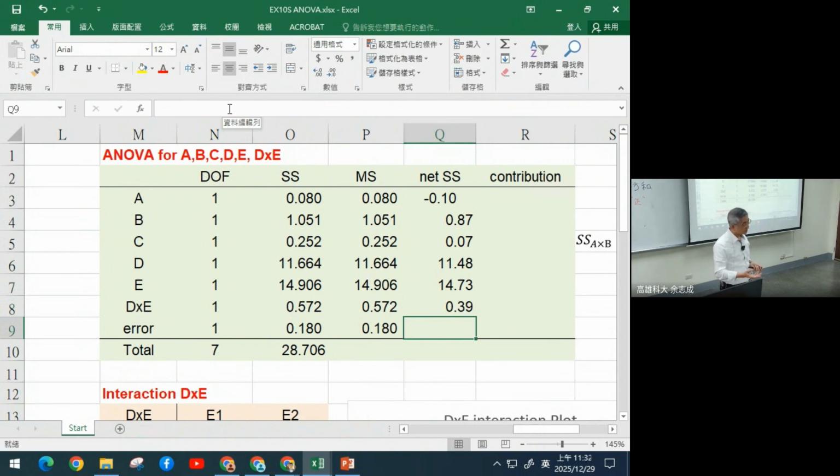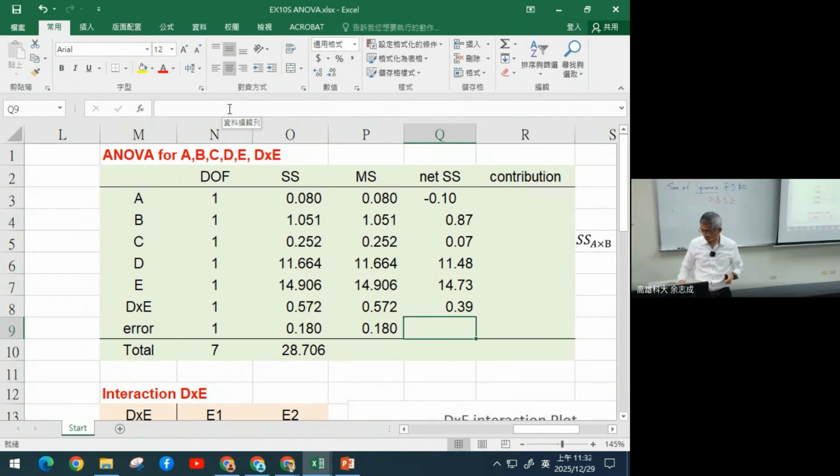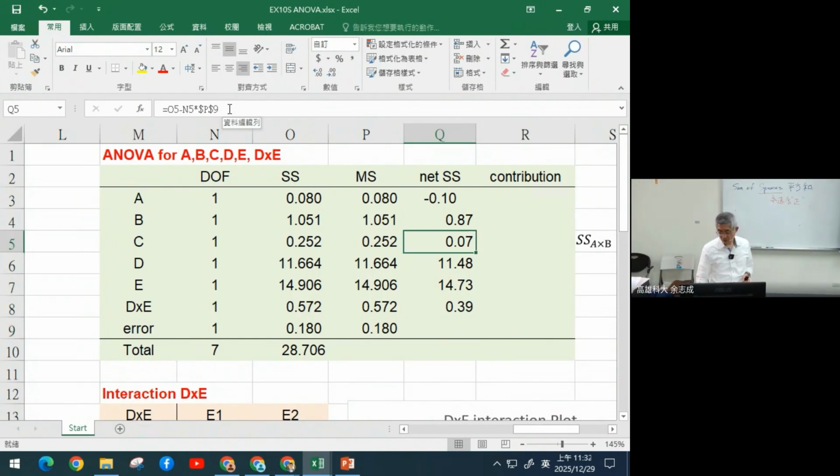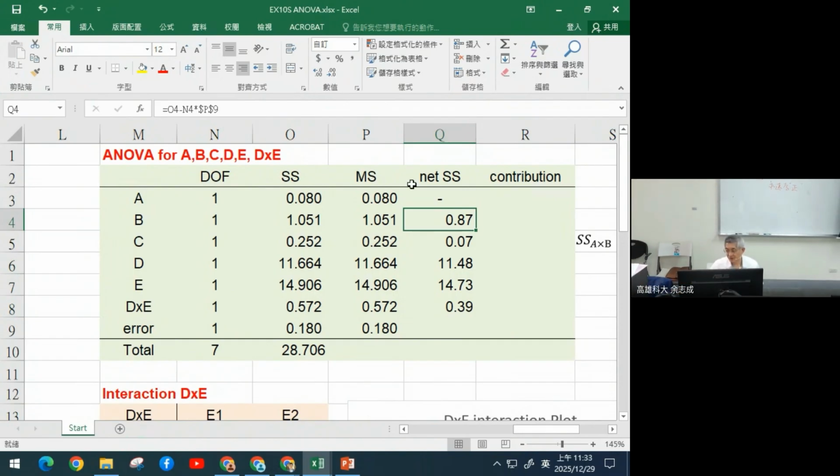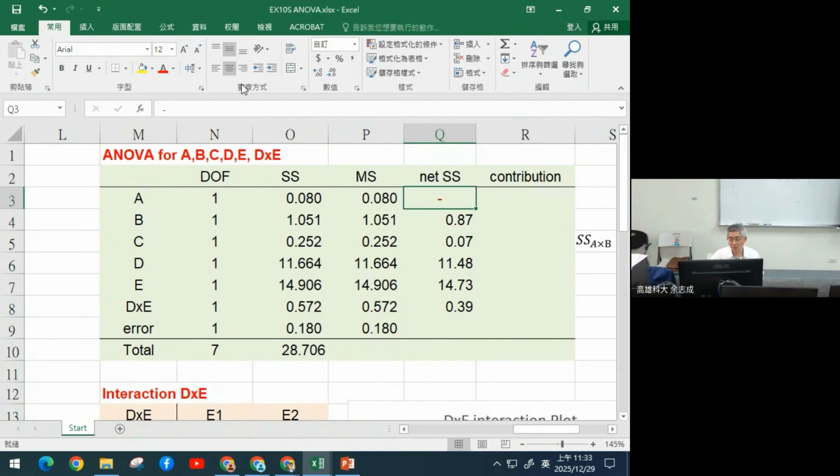So is a negative value meaningful? It is meaningless. If they are negative, it is meaningless to put minus 0.1. You can only use a minus sign to represent that this is a negative square value.